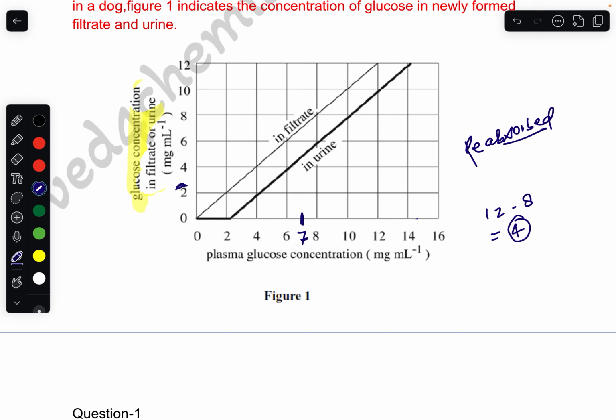And what should be the glucose concentration in urine? It will be somewhere around 5. And you know that glucose appears in urine at 4 mg per ml plasma glucose, and at that time the urine glucose concentration is 2 mg per ml.